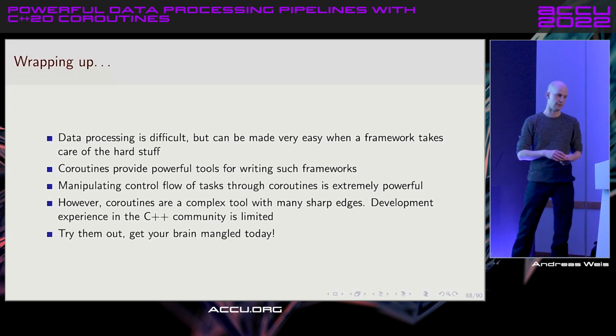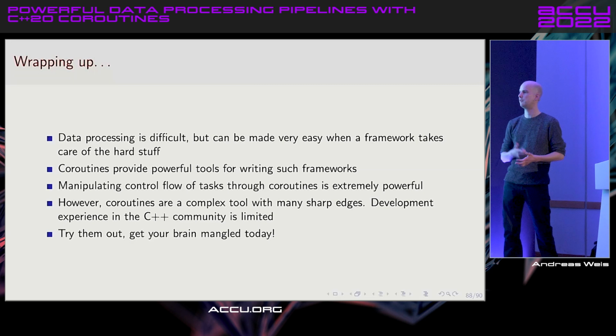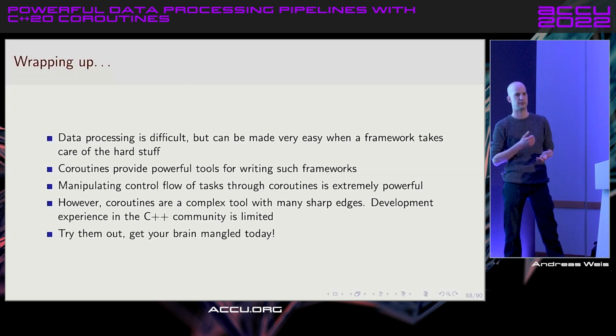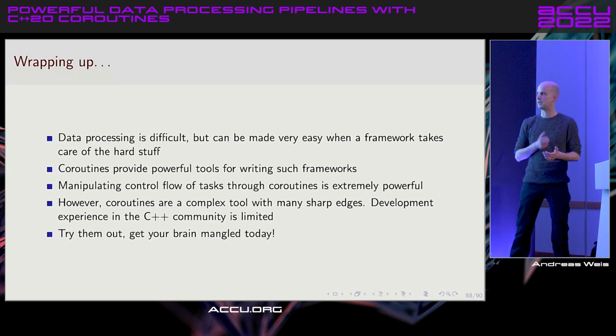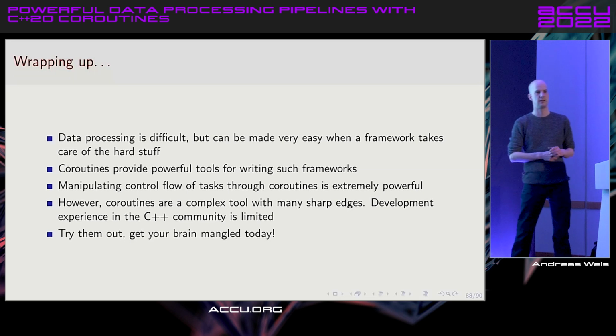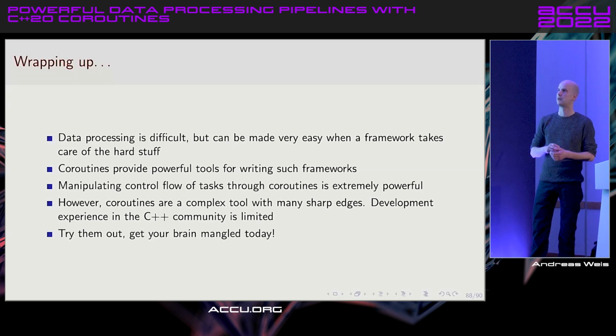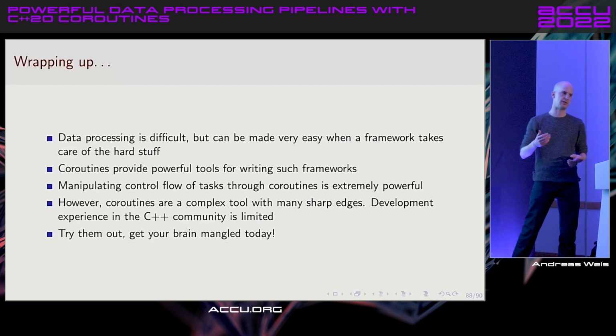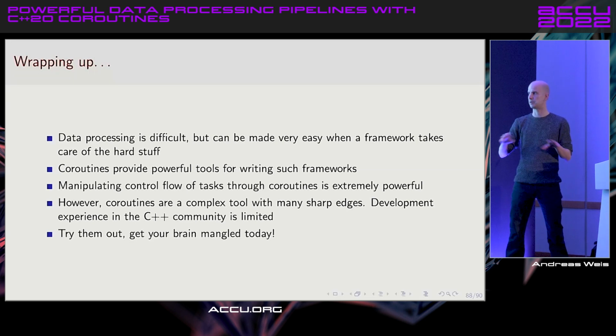Manipulating control flow through coroutines is extremely powerful. If you ever find yourself in a situation where you think, I don't like how the control flow is here, how control passes from one component to the next, I think it's really worth thinking about coroutines, because they just give you possibilities.